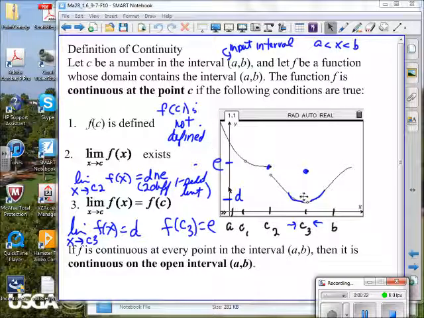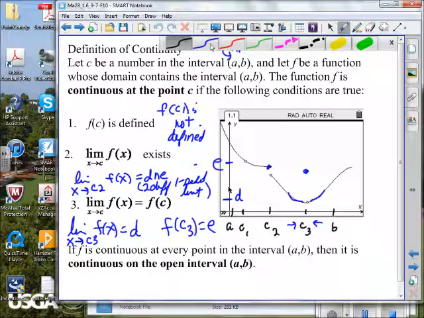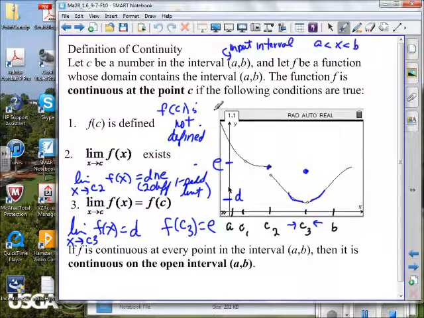We had an example here where at C1, the output value is not defined. It's obvious, to me at least, that it's not continuous, because if I take my pen and try to draw from here to here, I must lift my pen up and place it down on the other side to continue drawing.